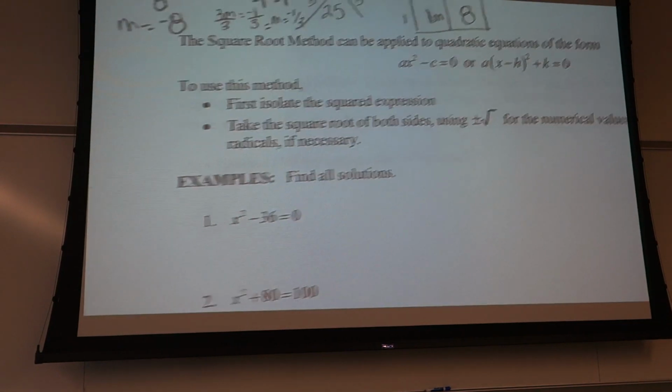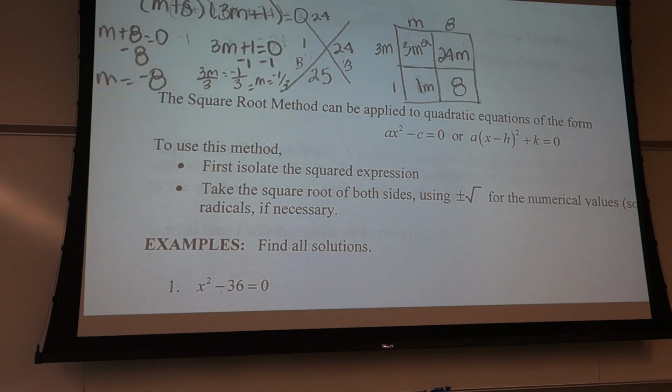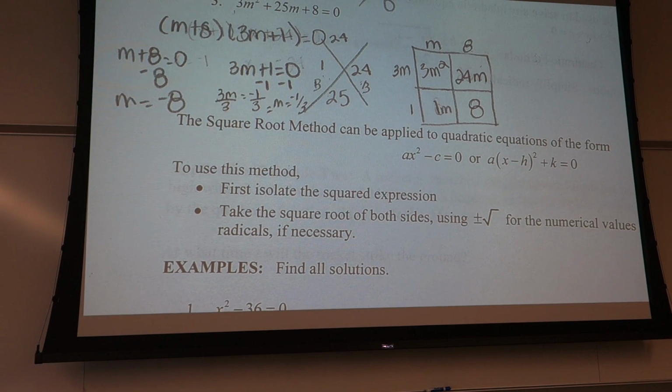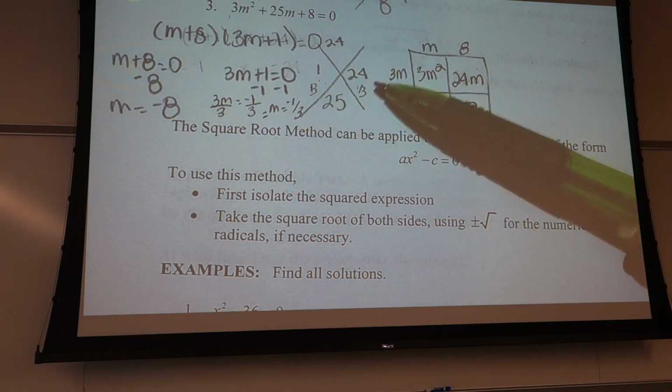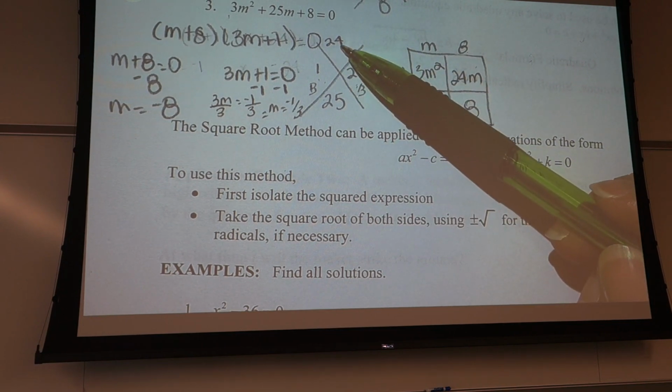Natalia, go ahead. Explain what you did for number 3. Did the box method. Okay, but first you did this though, right? This is your first step. Yes. So how did you get the 24 here, and how did you get the 25 there?